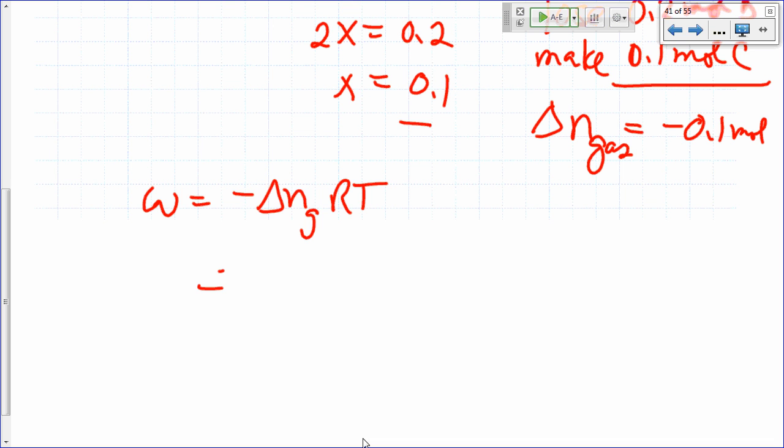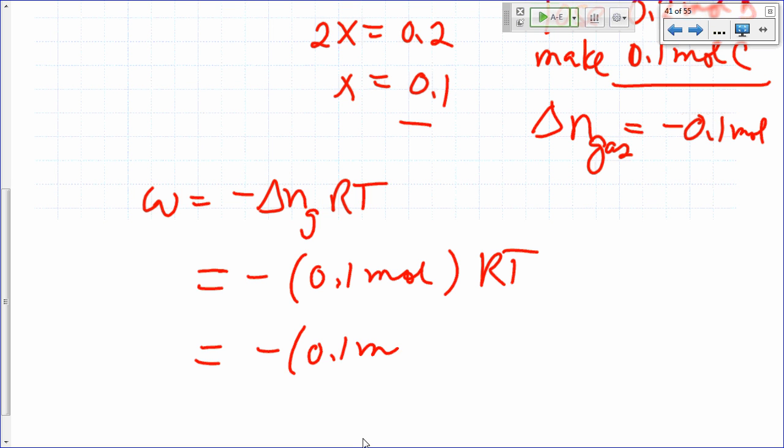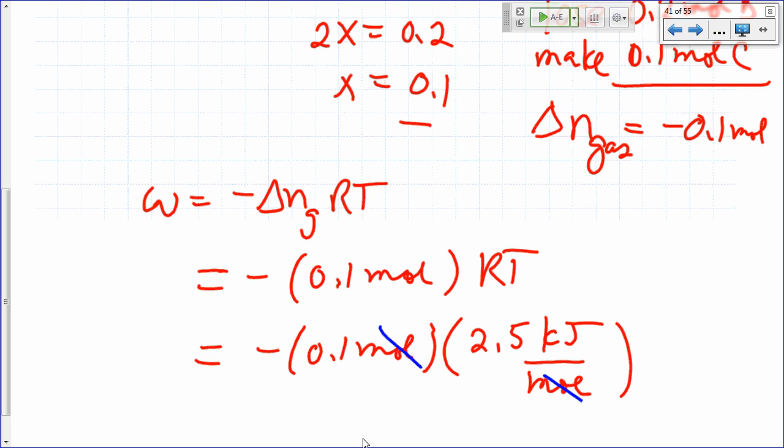So it's going to be negative of 0.1 mole times RT. And what was our estimate for RT? At 298 Kelvin, that's about 2.5 kilojoules per mole. So mole cancels out.